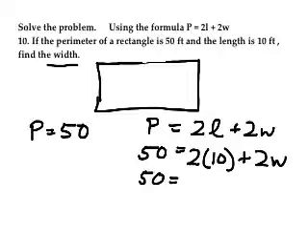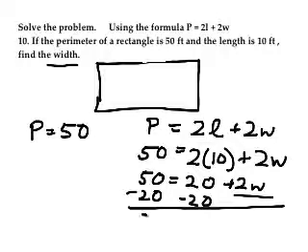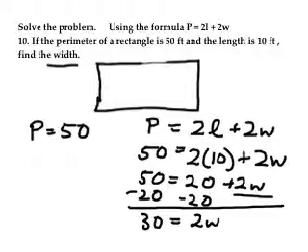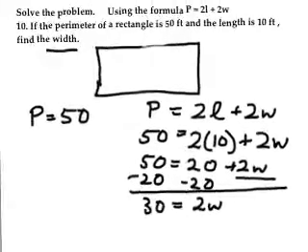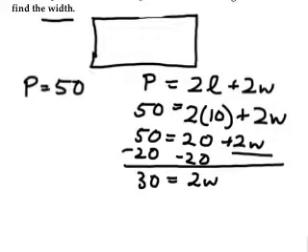So we have 50, and 2 times 10 is 20, so we have 20 plus 2W. We want to get this term alone. We always get our variable alone, so we will add a negative 20 to both sides. And that gives us 30 over here equals 2W. Then we divide by 2.